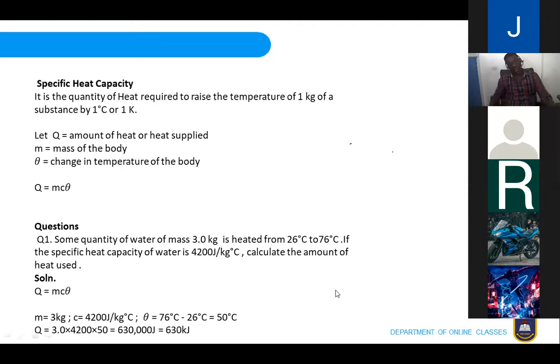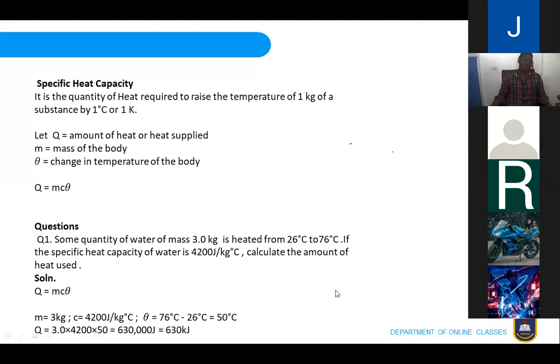Then the question now is, if the specific heat capacity of water is 4,200 joules per kilogram degrees Celsius, calculate the amount of heat used, or the quantity of heat used. You know, the quantity of heat supplied is represented by Q. So you have to calculate that Q.